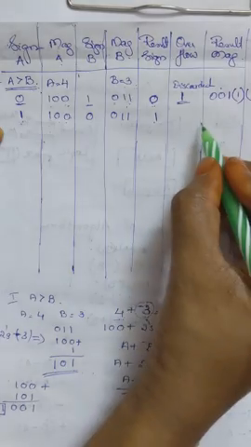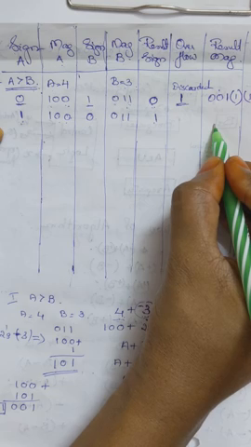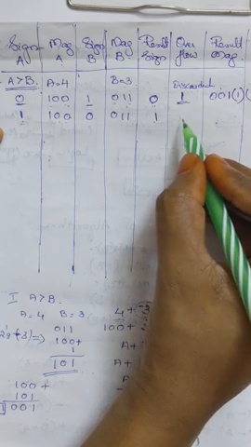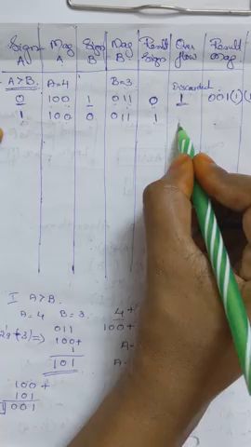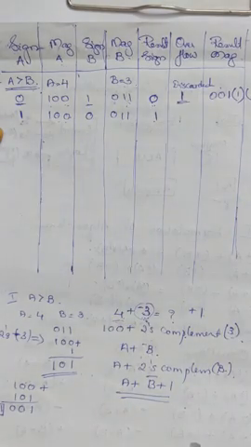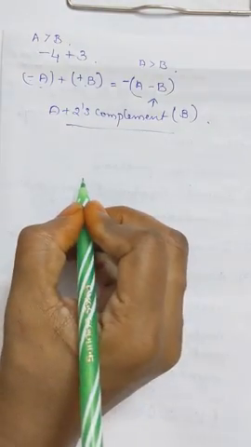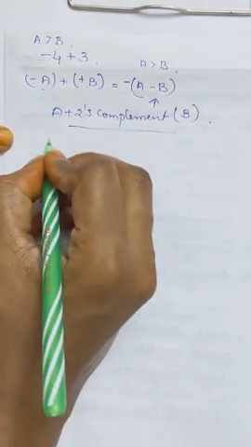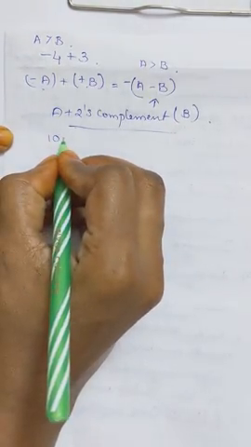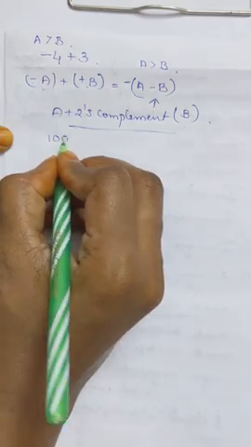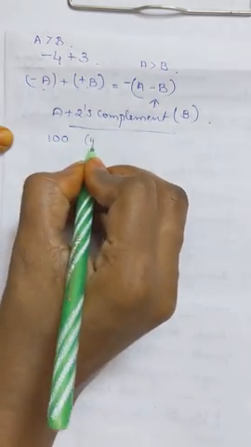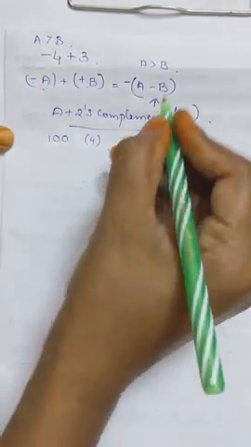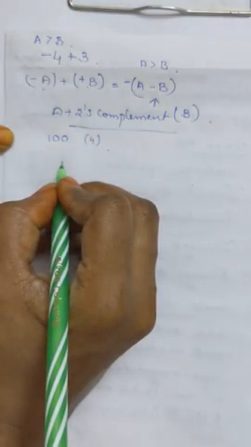Now you have to find the result of the magnitude and whether there is any overflow. To compute the result, A plus the 2's complement of B: A is 1 0 0, that is 4, and the second operand B is 0 1 1.